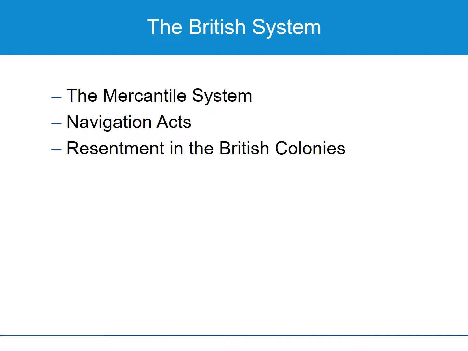So, like Great Britain, since it's an island nation and it's actually very small, colonies were used to produce all types of agricultural products that otherwise Britain would have to buy from other countries. One of the things that we see in this mercantilism system is that colonies exist to benefit the mother country. That's very important to remember.